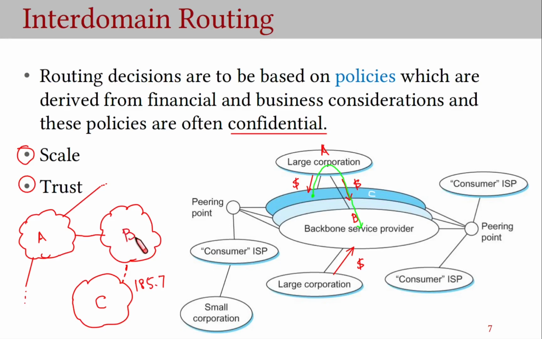So for example, if B wants to intercept the traffic that is going to, let's say, this prefix 185.7, it might just advertise that prefix to A, and then the traffic that originates in A will simply be transiting through B, and B may or may not actually forward those packets to C. And so by doing this, B may be launching some man in the middle attack, or simply be just dropping all the traffic that is going to go to this network prefix. And this is called BGP hijacking.